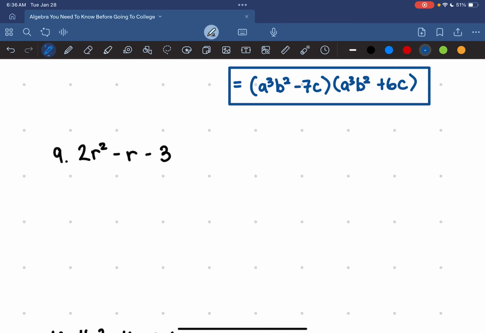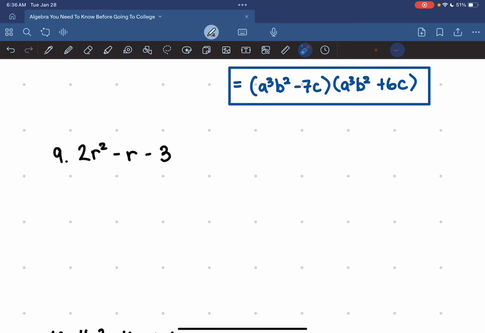But anyways, so we have here 2r squared minus r minus 3. This again is a quadratic trinomial, but this time 2 is the coefficient of the term with the degree 2. Usually one can solve it directly like a while ago, with some modifications, but personally I prefer when this one is 1.